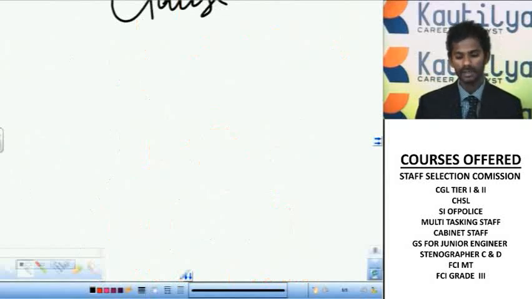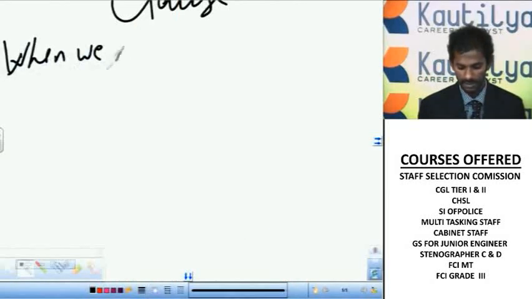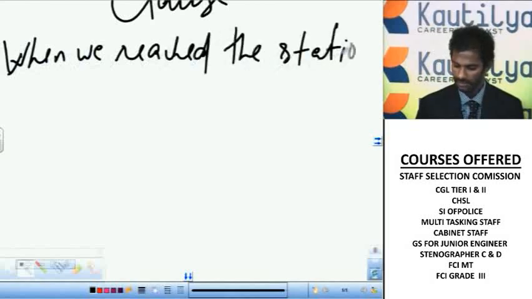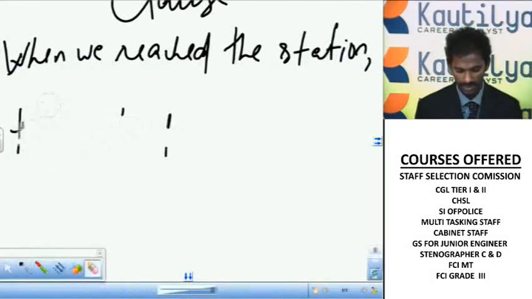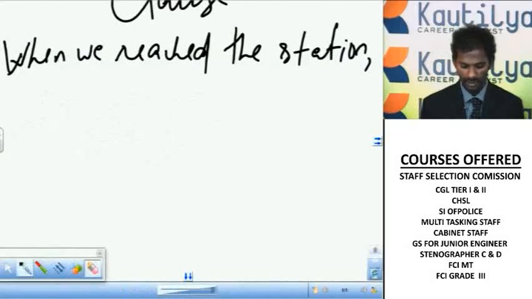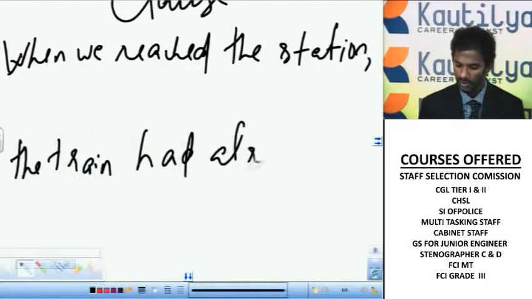I've given you this statement while doing tenses and modifiers, if you remember. When we reached the station, comma, the train had already left.